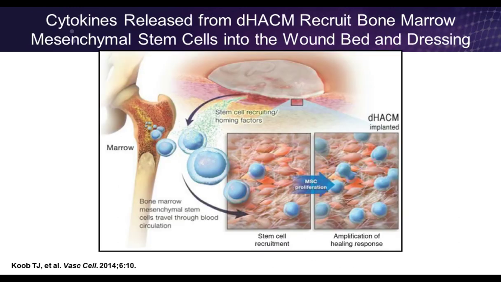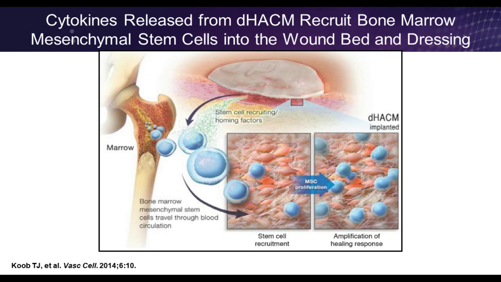Now, another very important and relatively unique aspect of the dehydrated human amnion-chorion membrane is that when these growth factors and cytokines diffuse out of the dressing into the wound bed, they can be picked up by the circulation and circulate to areas where stem cells are normally generated, especially the bone marrow.